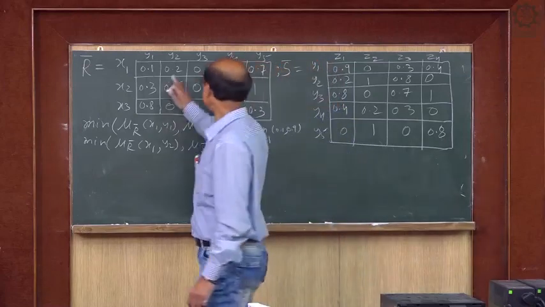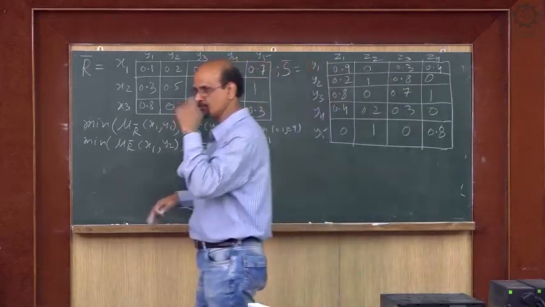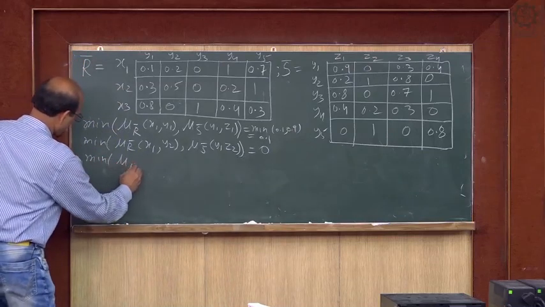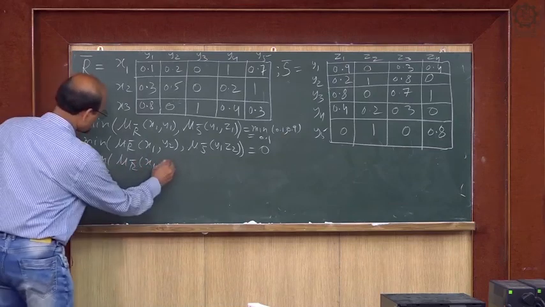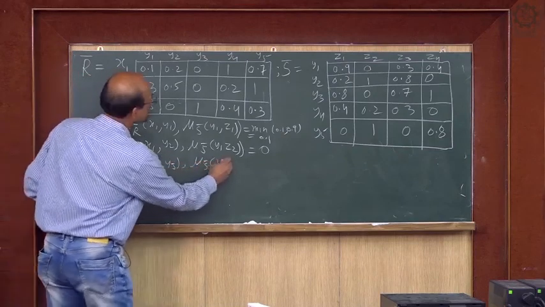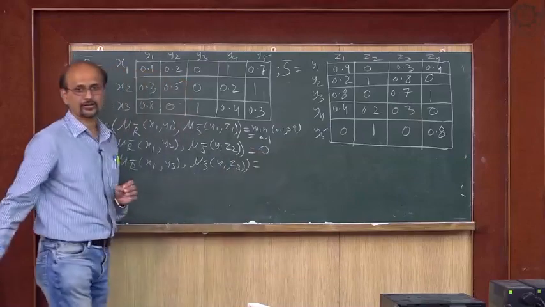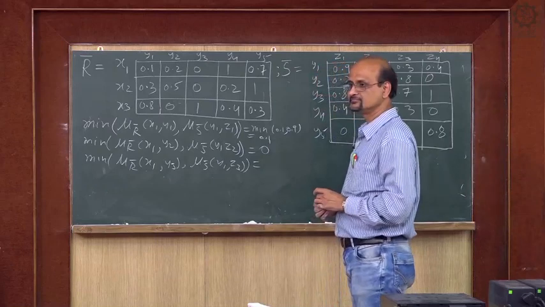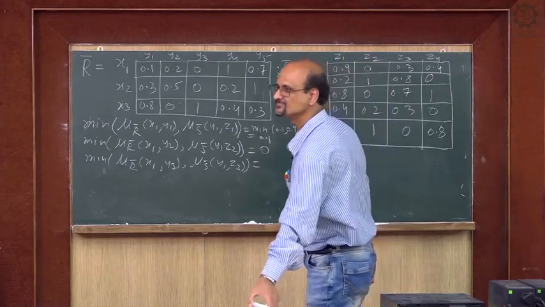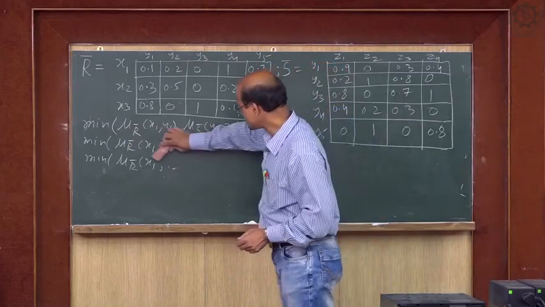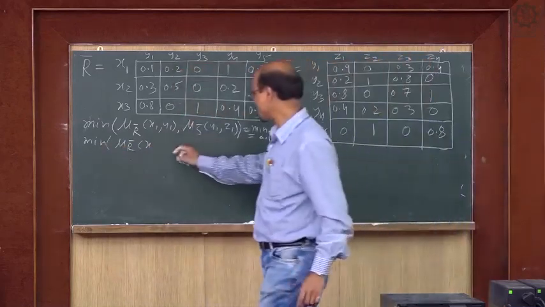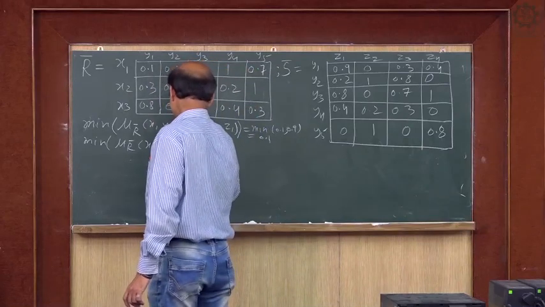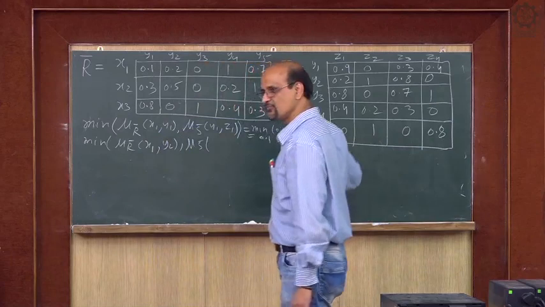Let me write this row only, then you will understand what is happening. Minimum of mu R bar x1 y3 and mu S bar y1 z3. But we are doing it wrongly, from here it is wrong. See, mu R bar x1 y2, that was okay, and mu S bar y2 z1.